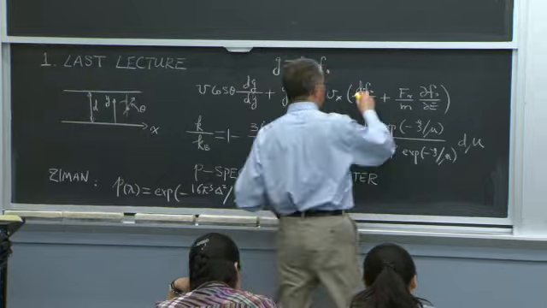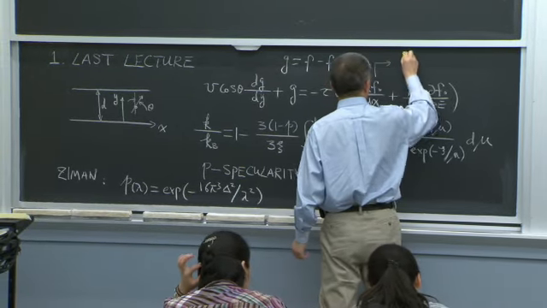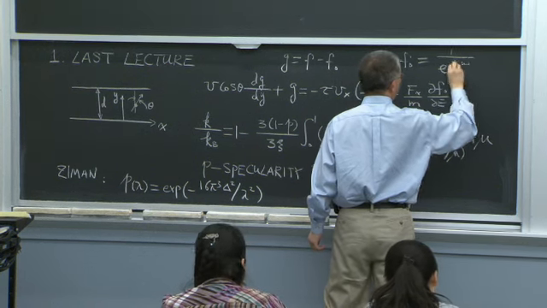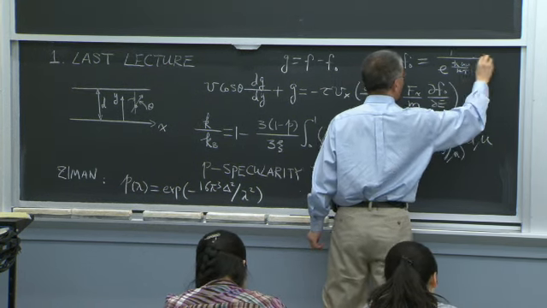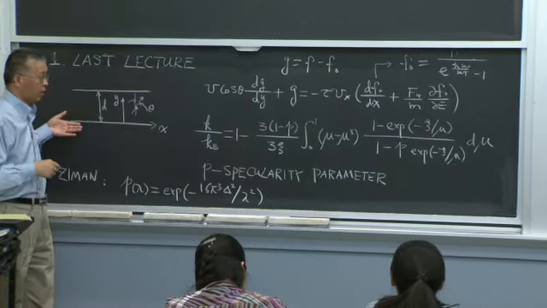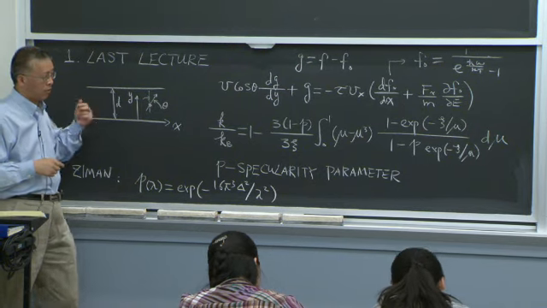The f0, for photons, is 1 over exponential of h omega over kT minus 1. So T is a function of x because I was considering heat conduction along the x direction.